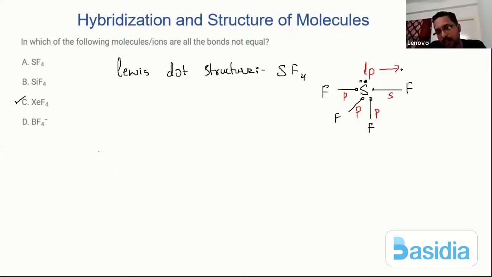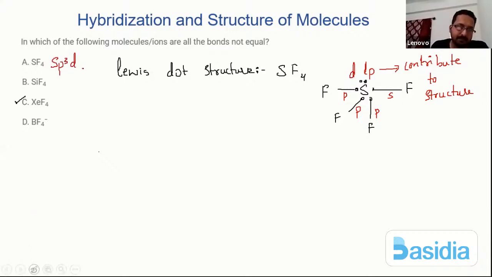Can anyone give me the reason? Because they contribute to the structure, correct? It's a very important point. They are contributing to the structure, and hence we are considering them. So what should be the hybridization over here? It should be sp3 hybridization, correct?